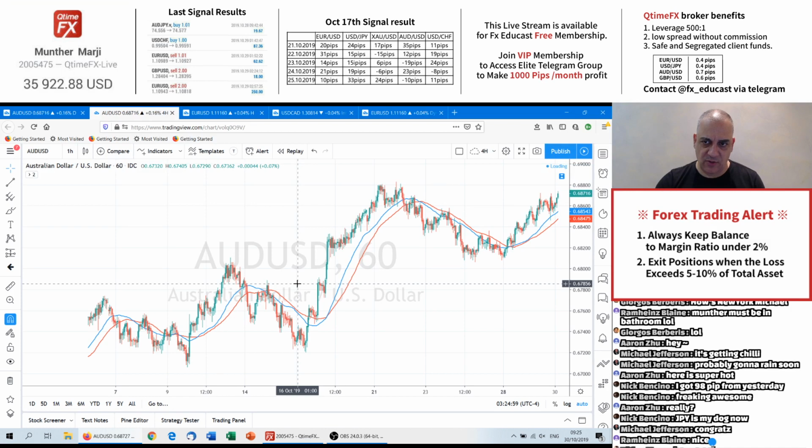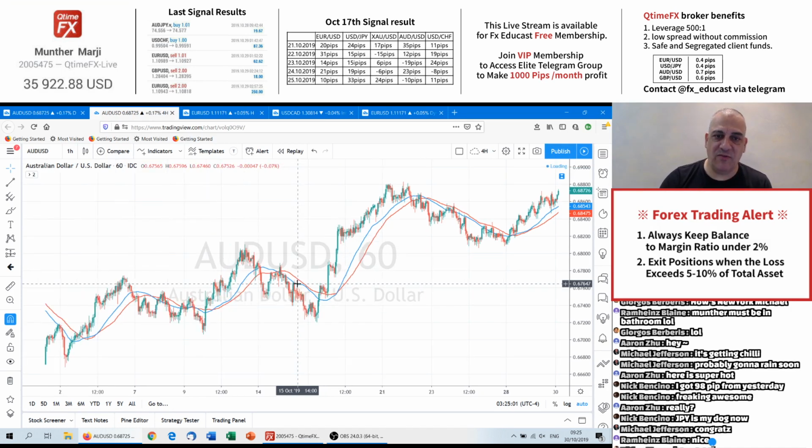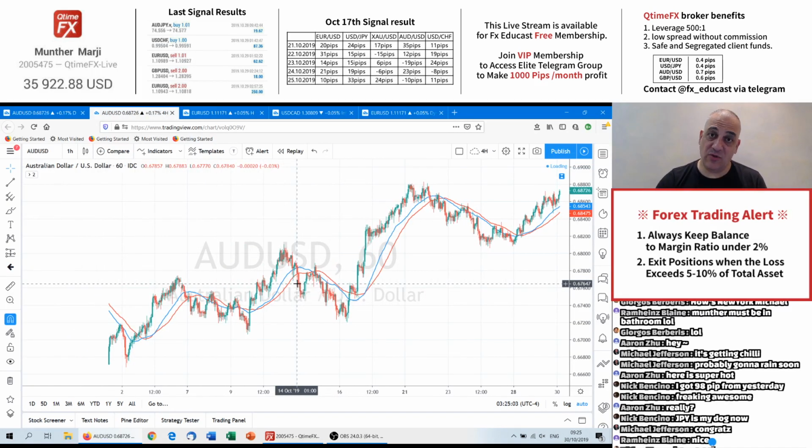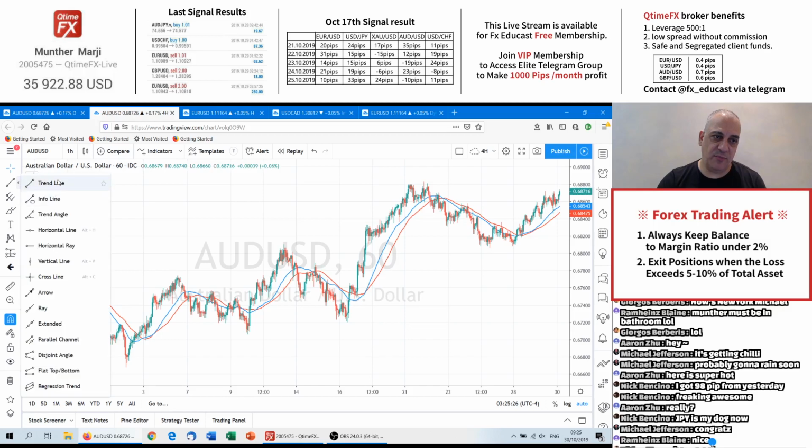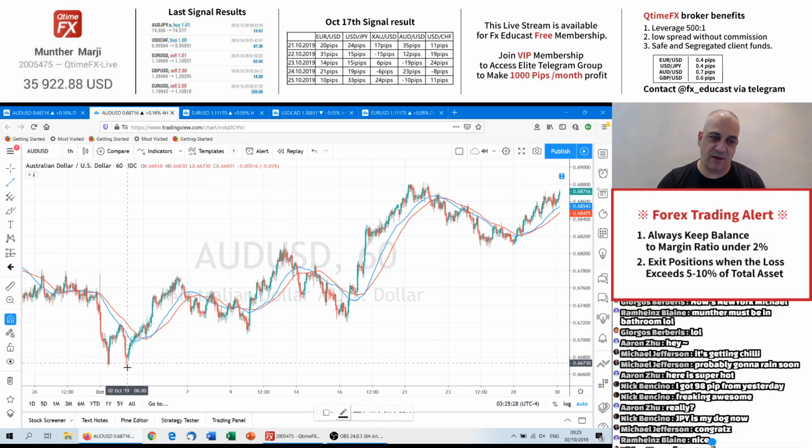And as you can see, it was a good month for the Aussie, just like the euro, reaching a multi-year low very early in the month and then recovering to highs, recovering for hundreds of pips. In the case of the Aussie, it's around 200. In the case of the euro, it's around 300. So the recovery is good. It's going very well, as you can see. Higher lows, higher highs. That is the definition of an uptrend, or at least a recovery uptrend.